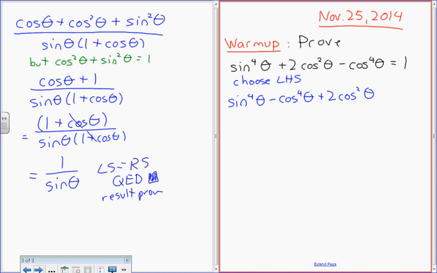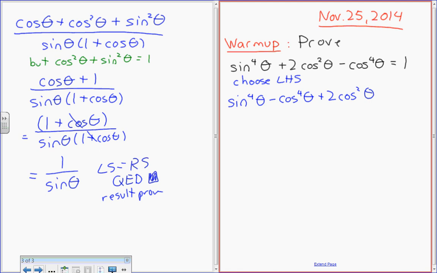Does anyone want to guess how I can deal with sine 4 theta minus cos 4 theta? Albert, go ahead. No, not quite. Sine squared plus cos squared is equal to 1. How do you deal with sine 4 minus cos 4? Negative 1? Nope. Riley, go ahead. Difference of squares.